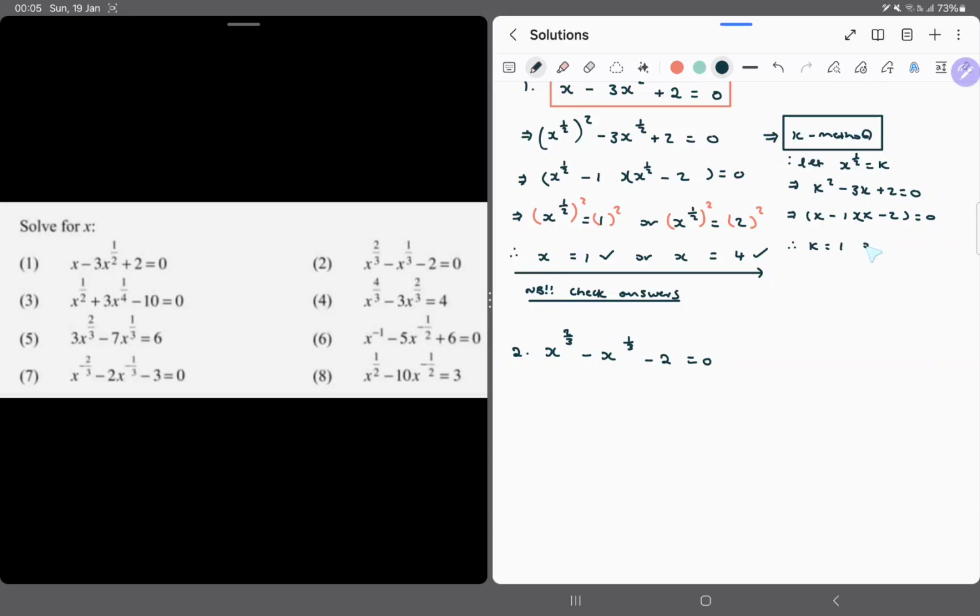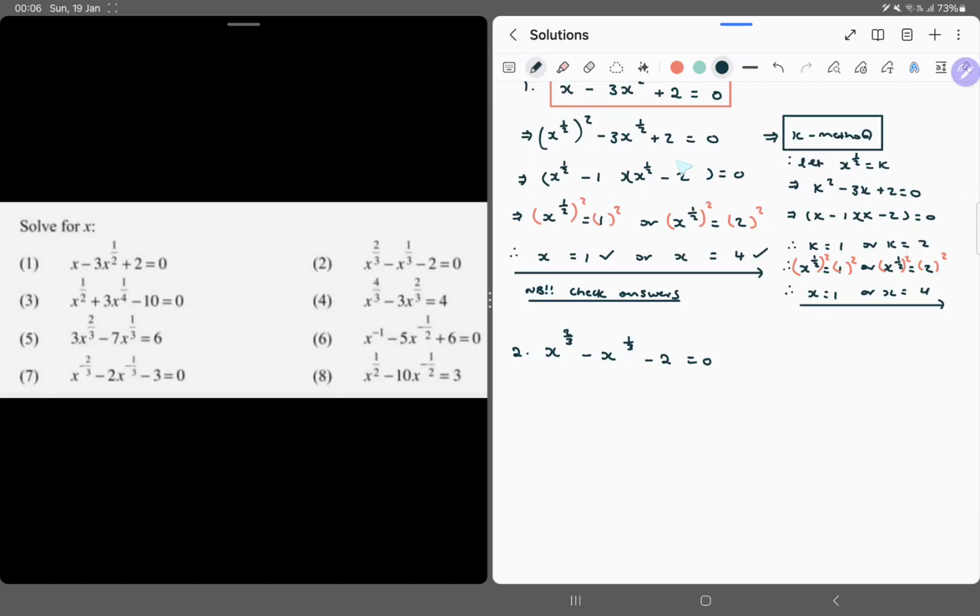Therefore k is 1, or k is 2. But remember, what is k? It's x to the half, and the same procedure follows. So x is 1 or x is 4. So this is just another way of dealing with this problem if these things scare you.